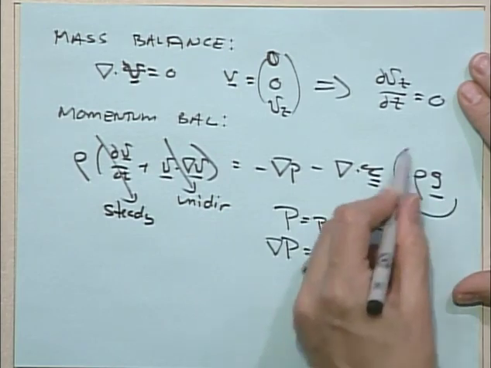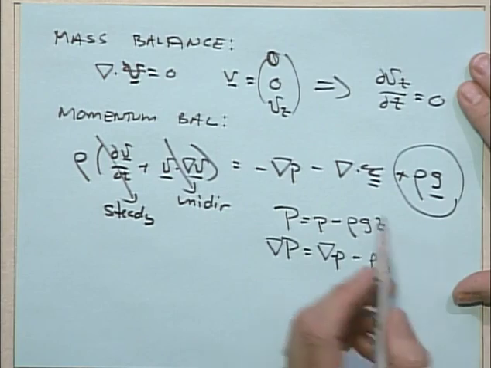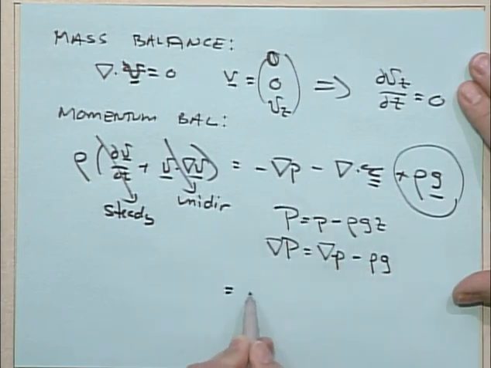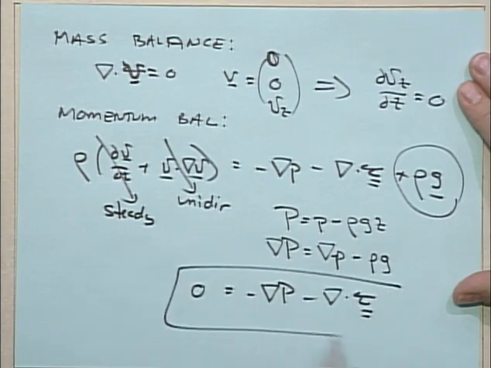And that's what this term turns into for the flow that we have. So we can just write this as this modified pressure and get the final momentum balance.